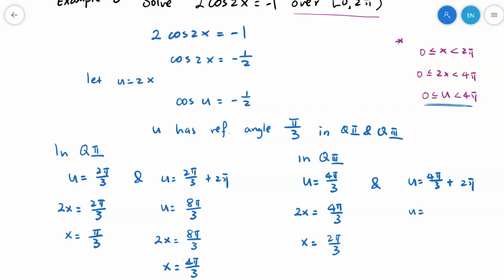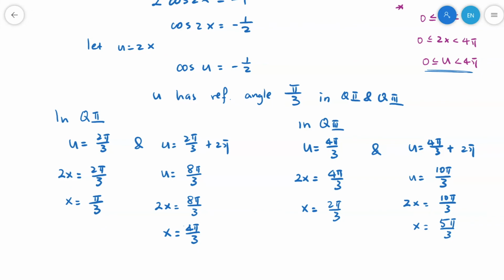And u equals 4 pi over 3 plus 2 pi, which is 10 pi over 3. And then 2x equals 10 pi over 3, x will equal 5 pi over 3.